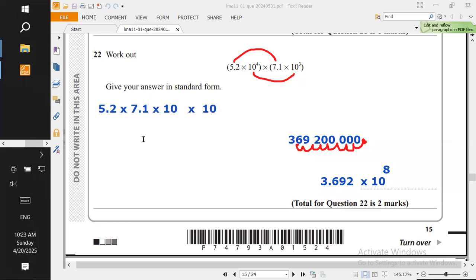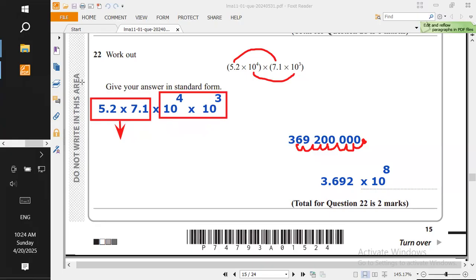Now, after doing this, you can multiply these numbers first, and write the answer here, and then multiply the tens with powers and add the powers.